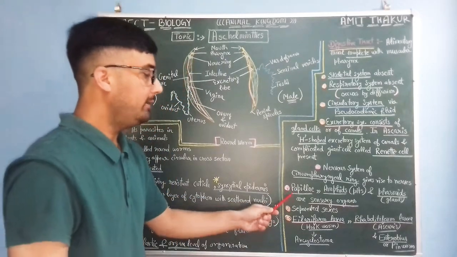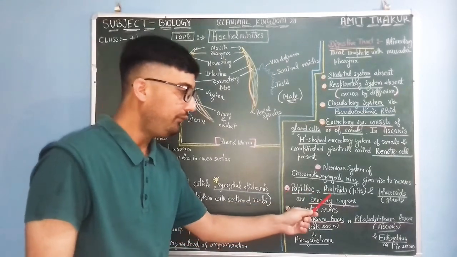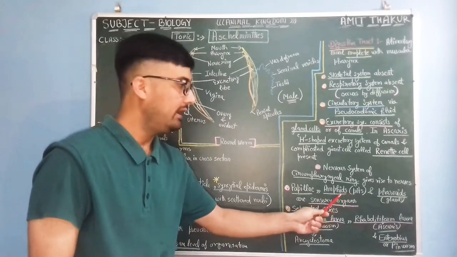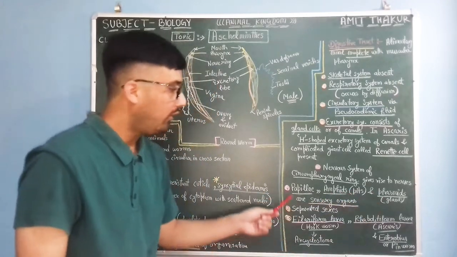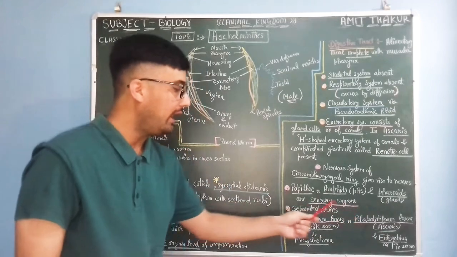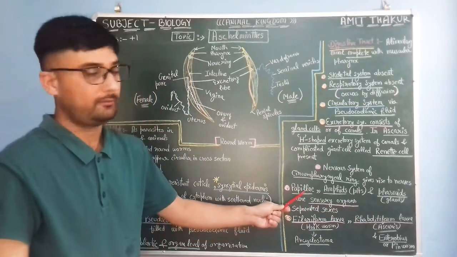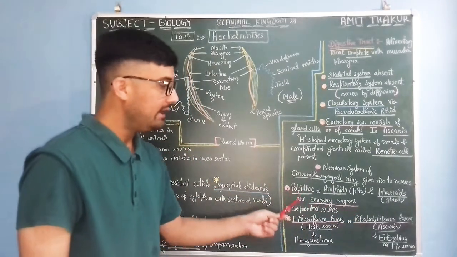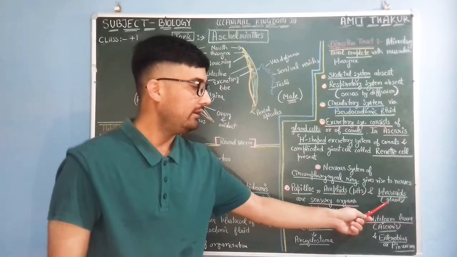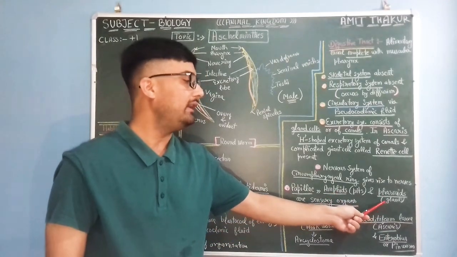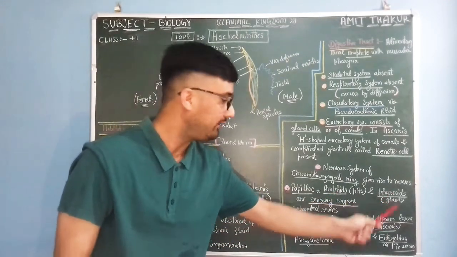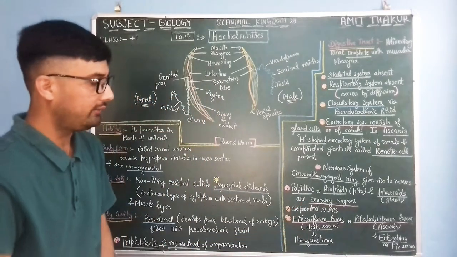Another important point, papillae, amphids, also known as pits, and phasmids. All of these structures are sensory organs. Papillae, amphids, and these unicellular glands known as phasmids are sensory organs.